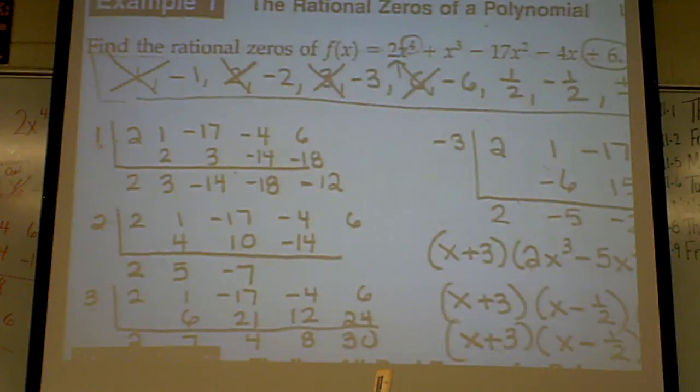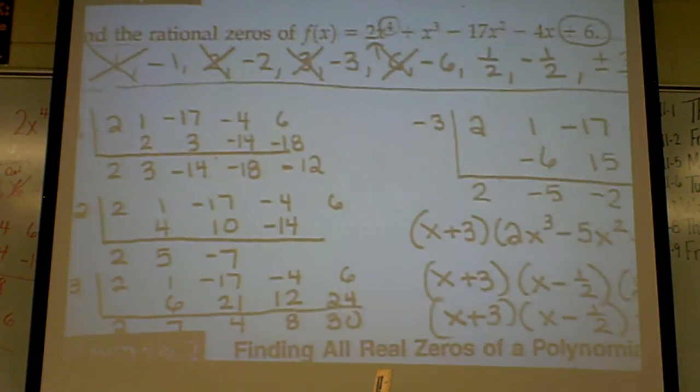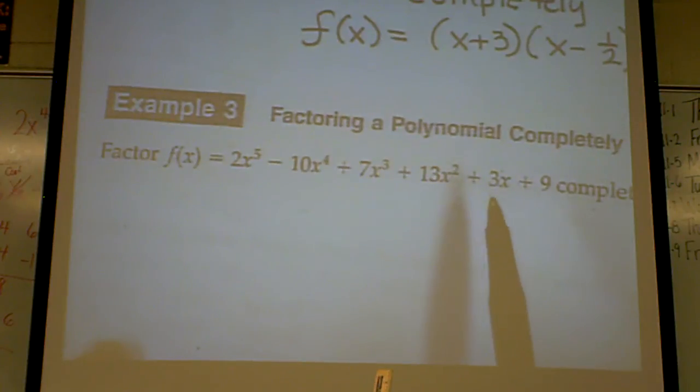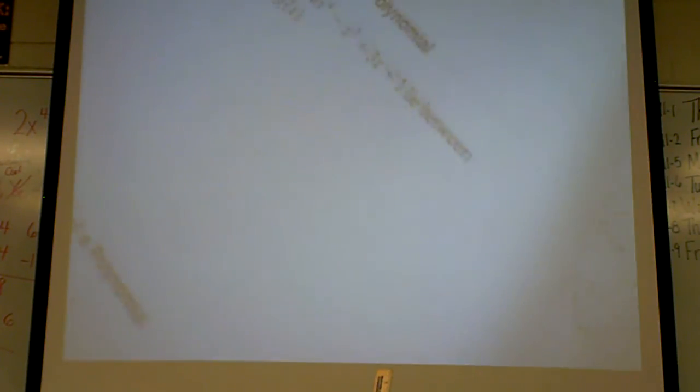So we're going to skip those examples, but if you need more help, these are in your book, in section 4.2. They're all in your book. You can go through them, and you really should.